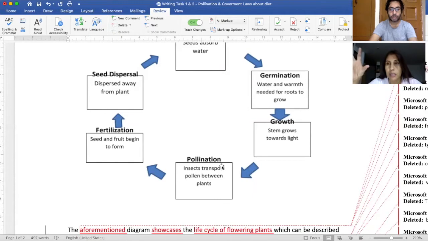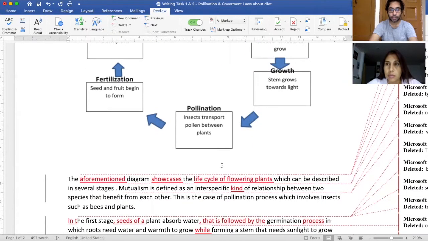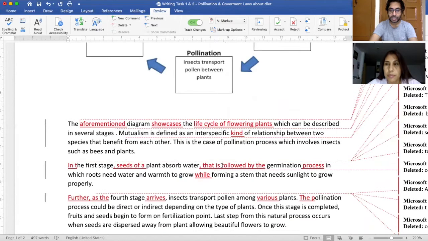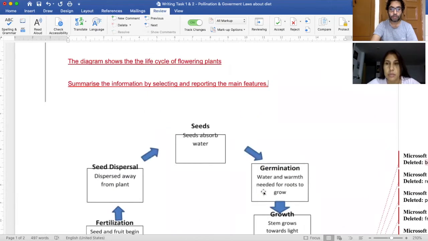Before you start a new sentence, you can use it. But where is this direct and indirect? What is this? What is indirect and direct? No, it's not on the diagram. It was just to maybe complete the process.